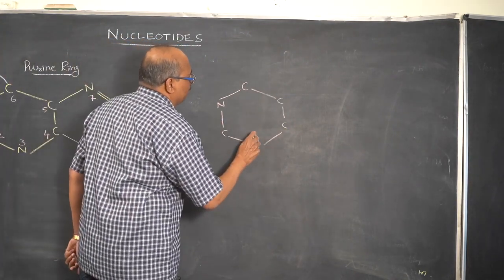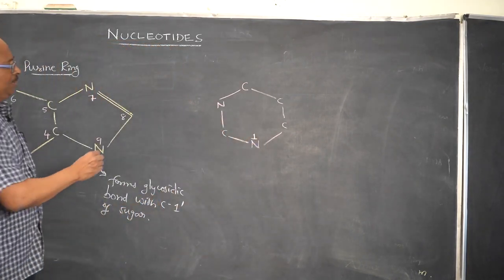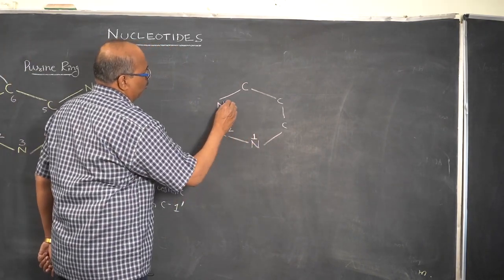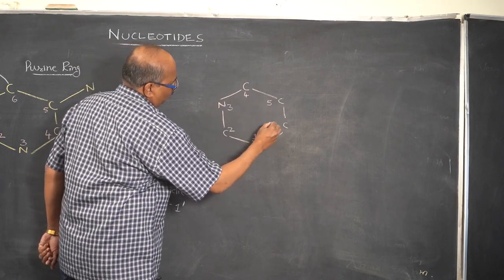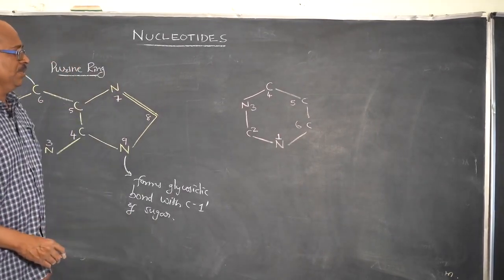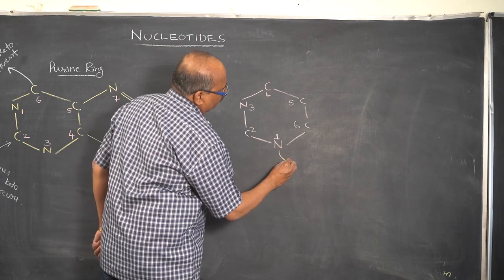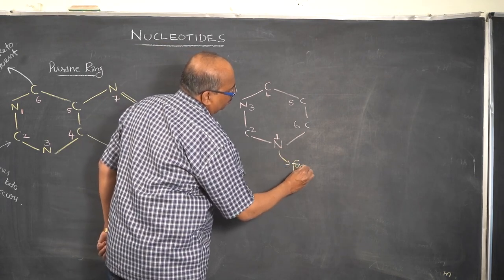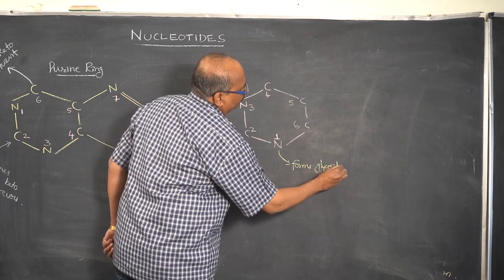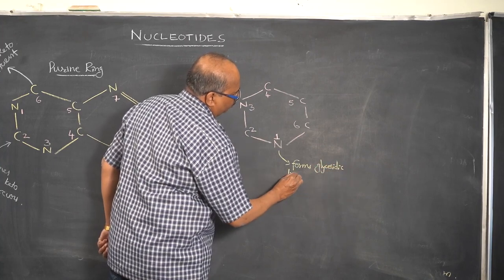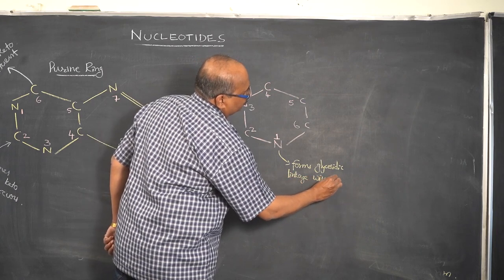This time we number from the nitrogen and then move in clockwise direction. So we get 1, 2, 3, 4, 5, 6. This first position forms a glycosidic linkage with C1 prime of the sugar.